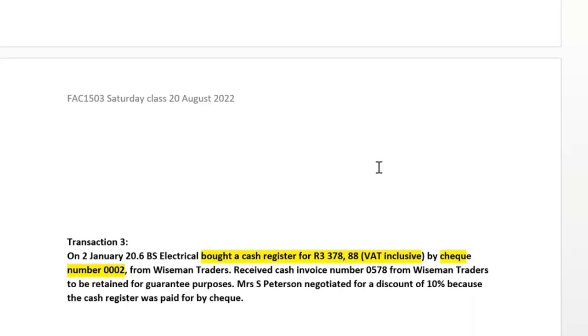Received cash invoice number 0578 from Wiseman Traders to be retained for guarantee purposes. Mrs. S. Peterson negotiated a discount of 10% because the cash register was paid by check. So guys, when you read the transaction properly, the answer is there.